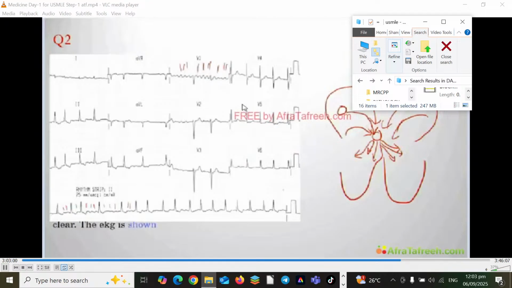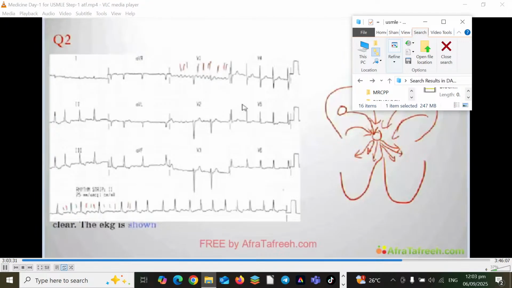Irregular QRS complexes. Multiple P waves are seen with irregular QRS complexes. Always think of atrial fibrillation. Atrial flutter is a condition where the atria is contracting as one unit, but at a very high rate. Because of this high rate, there is something called a 2:1 or 3:1 block.